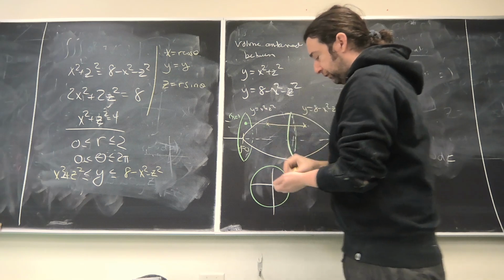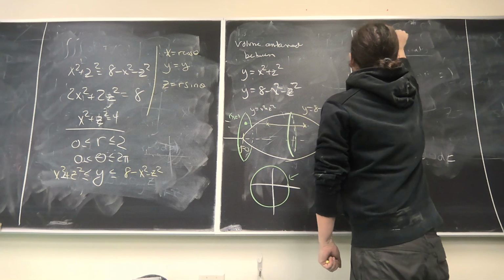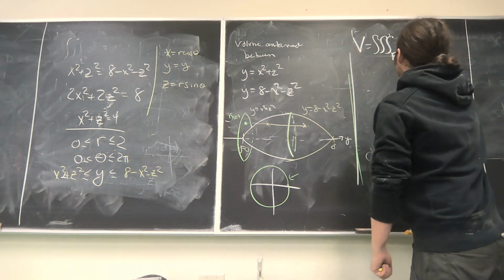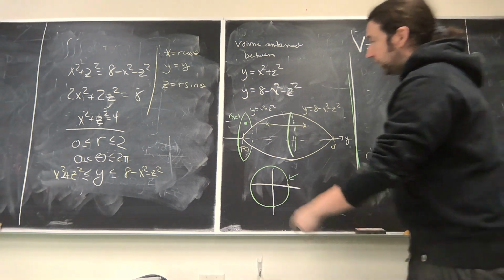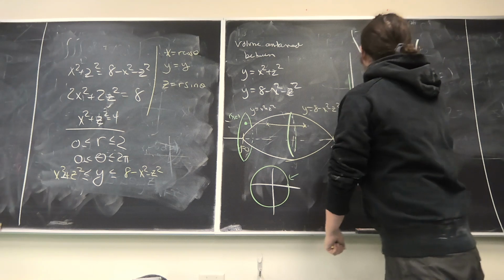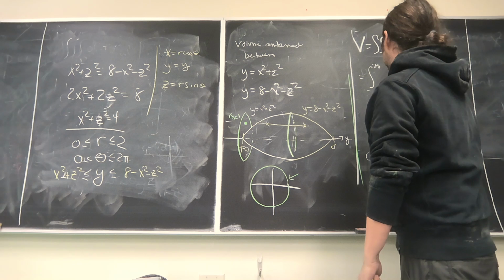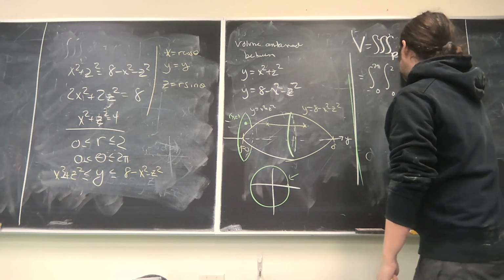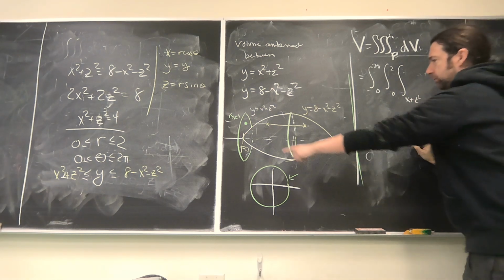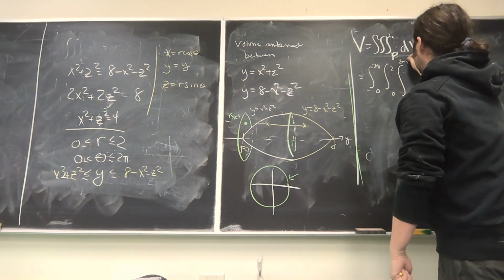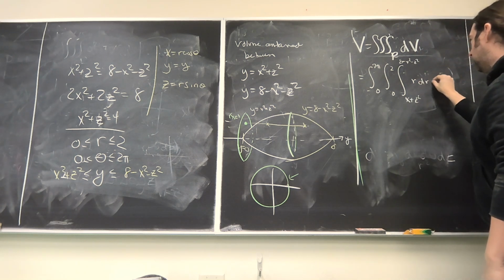So if I'm trying to calculate a volume, I'm going to write V is equal to the triple integral over R of dV, which according to what I've written right here, should be the integral from 0 to 2 pi of the integral from 0 to 2 of the integral of, okay, so x squared plus z squared, because that was this paraboloid, up to 8 minus x squared minus z squared, and then r dr d theta.